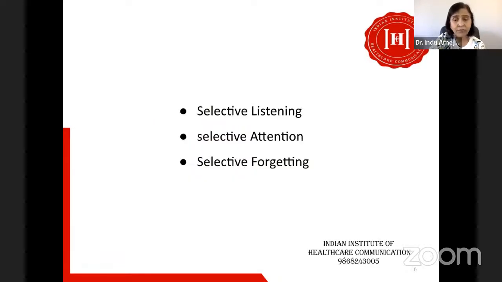So cognitive processes like selective listening, selective attention, selective forgetting interfere majorly with the verbal handover. Usually we write a little in the report book, but most of the handing over happens verbally. So selective listening, selective attention, selective forgetting are the common cognitive processes that interfere with actual handover. Are you familiar with these terms? What do you want me to explain?